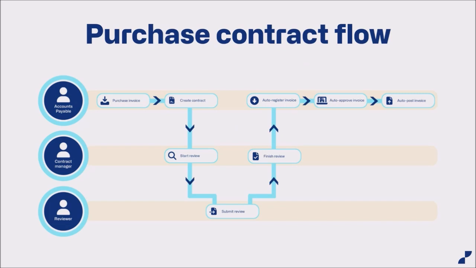Through that, sending the contract to a reviewer that will then overlook the expected cost, perhaps attach a contract document or multiple documents, and then submit the review, which then returns the contract to the manager, who then could do a second adjustment if needed, or simply finish finalizing the review, which allows the accounts payable to auto register incoming invoices by linking the invoice to this contract, and through that proceed with auto approval of the invoice and eventually auto post also.